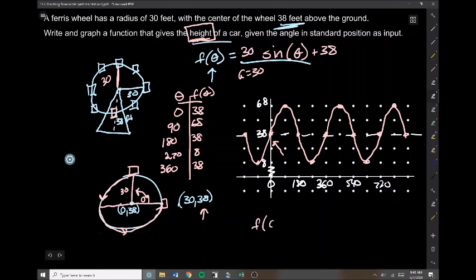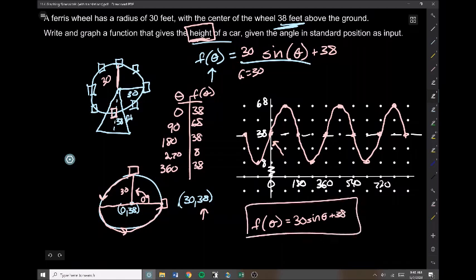So that's the function that gives the height based on the angle: 30 sine theta plus 38. But plugging in the key simple right angle points and then thinking through their heights is the key to this problem.